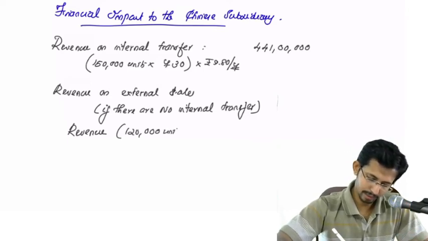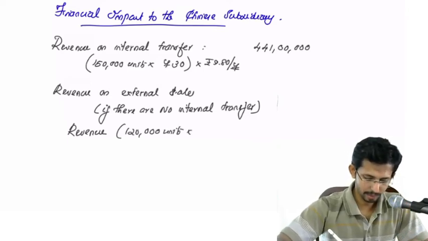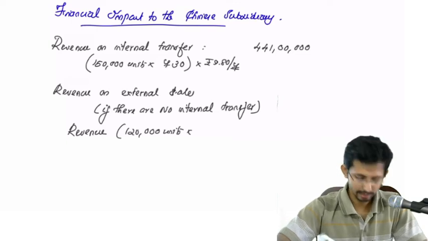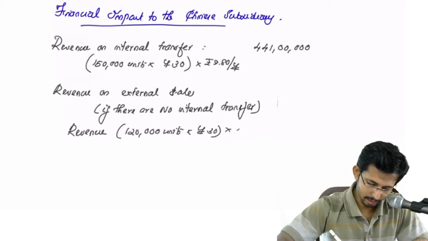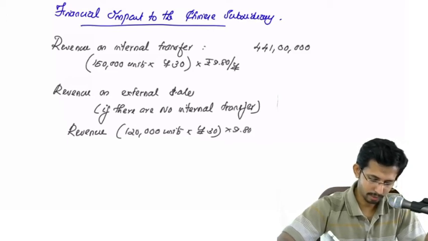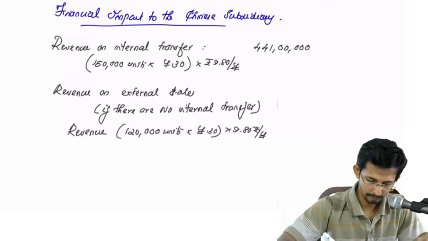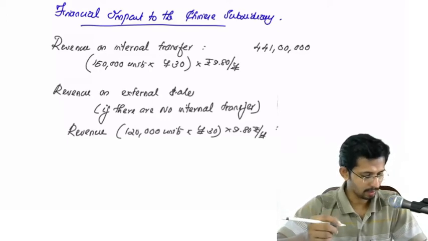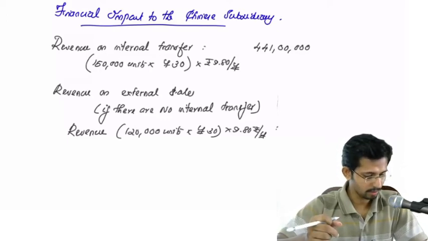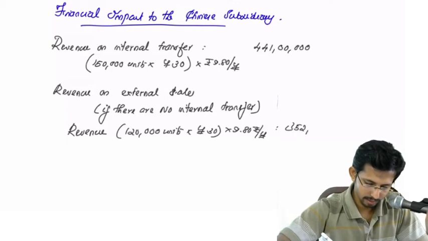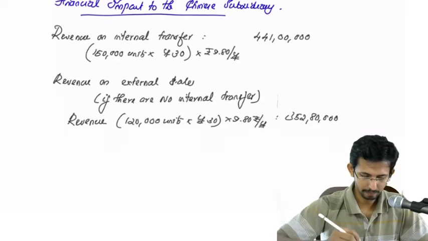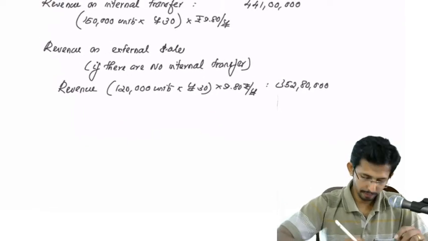So 1,20,000 units into, okay, they say that there is tax, but then we will take gross revenue, that is 30 into 9.80 rupees per unit, that will be 1,20,000 into 30 into 9.8, that will be 352.18 lakhs.